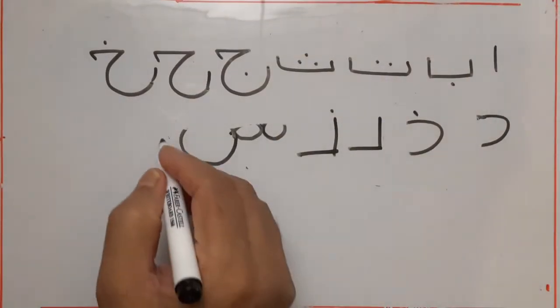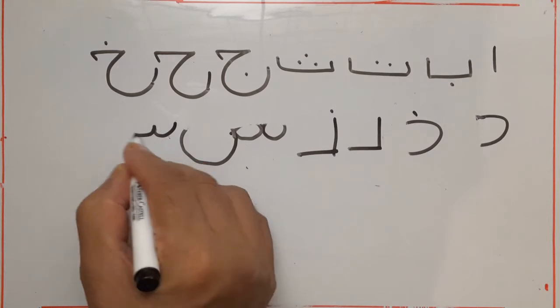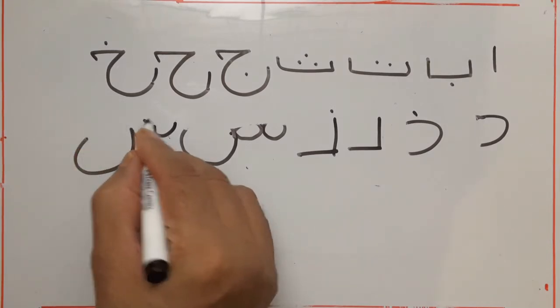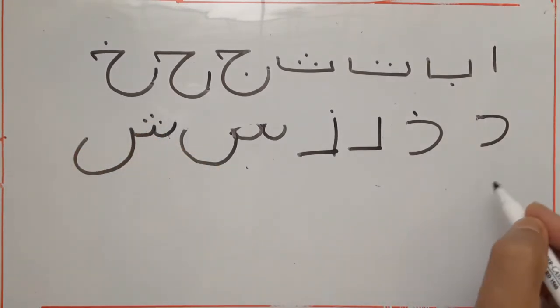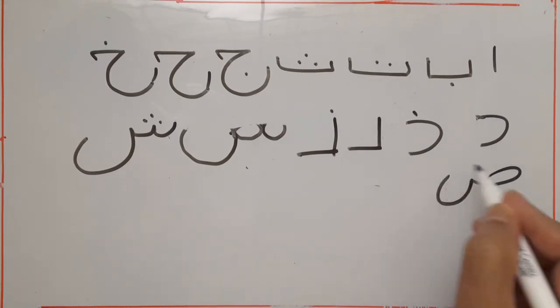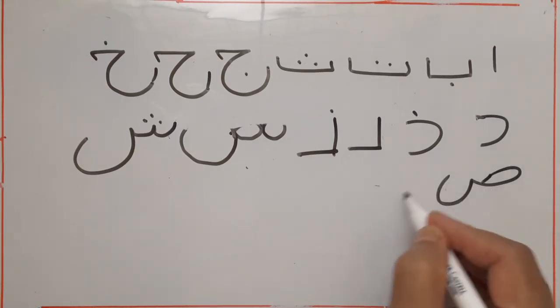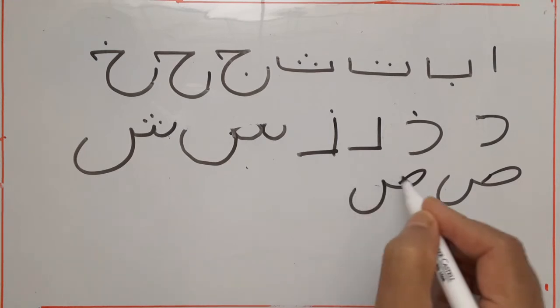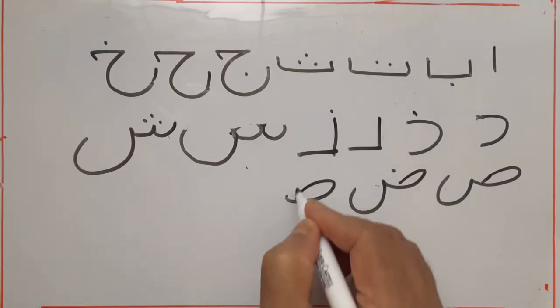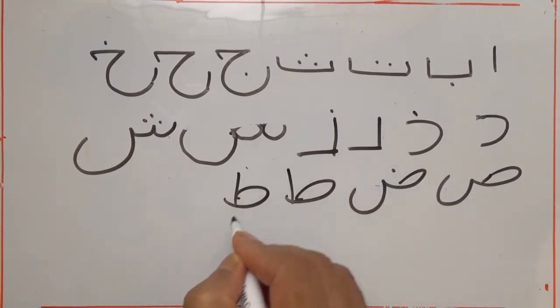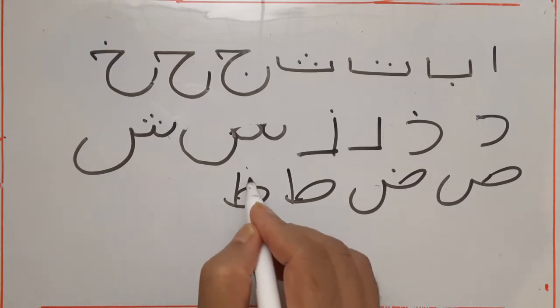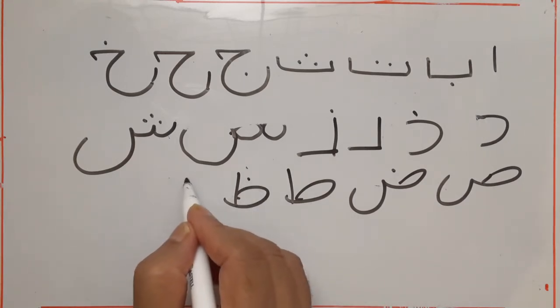Then you have a sheen, and a sad like a balloon shape here, dad, similarly you have a ta and a za.